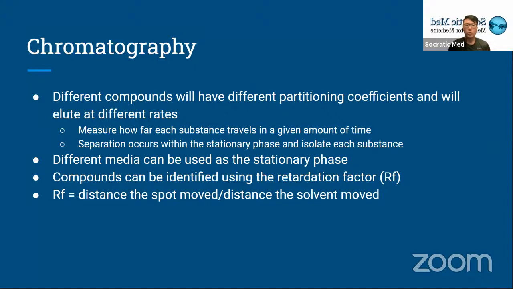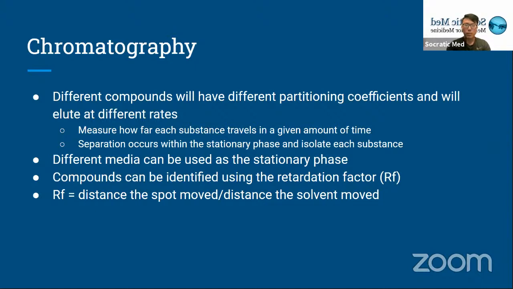So when you're doing chromatography, the bottom number, the distance the solvent moved, will be the same for each compound in that chromatography sample, but the distance that the spot moved will differ based on each different compound.